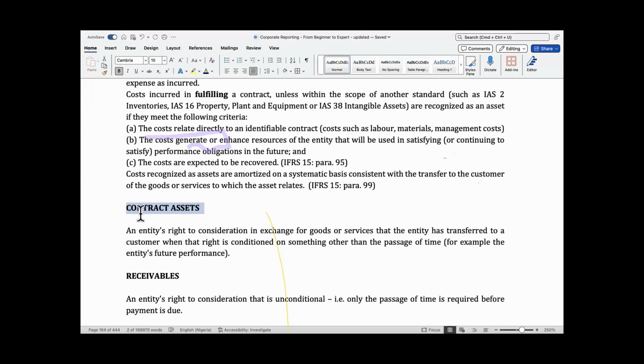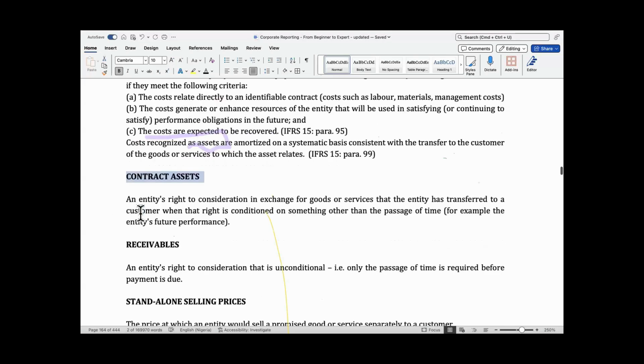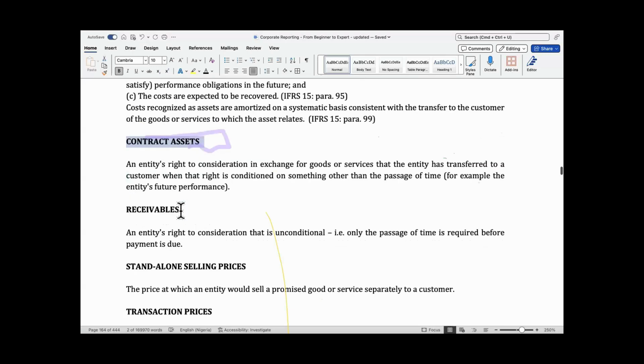The almighty receivables, which is the popular one: you only debit receivables, you call the money you're expecting receivables, if the money you're expecting, which I call here your right to consideration, is unconditional, meaning you have delivered the service, and the only thing between you and your money is just passage of time.